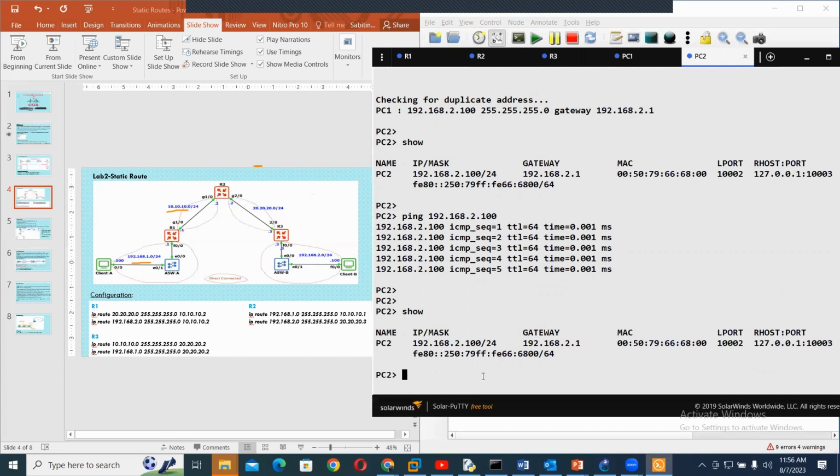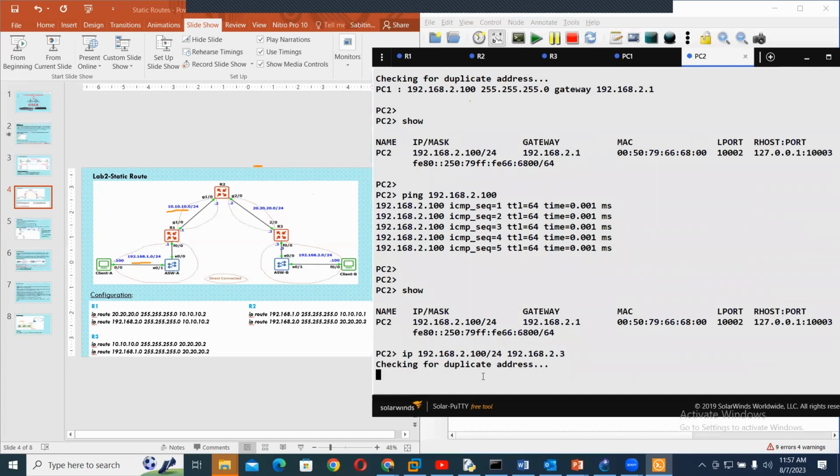We have to change, sorry for this. IP 192.168.2.100/24. Our gateway is 192.168.2.3.